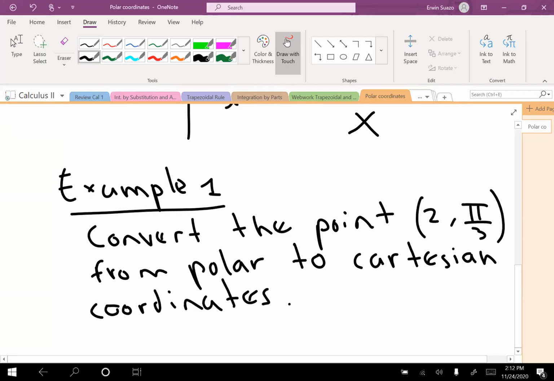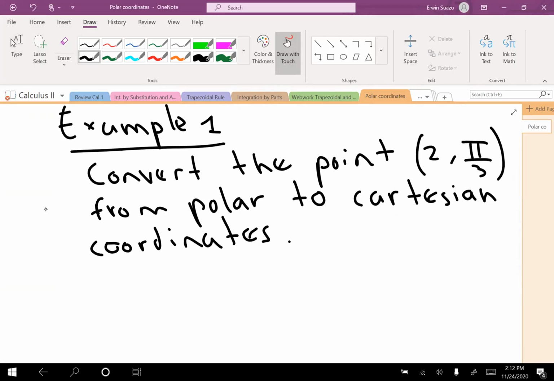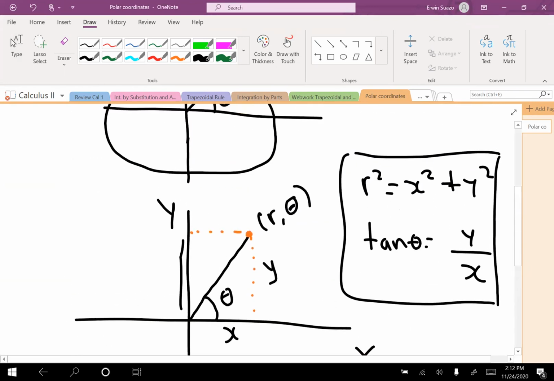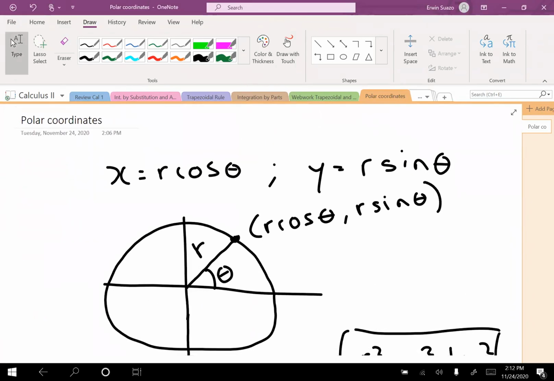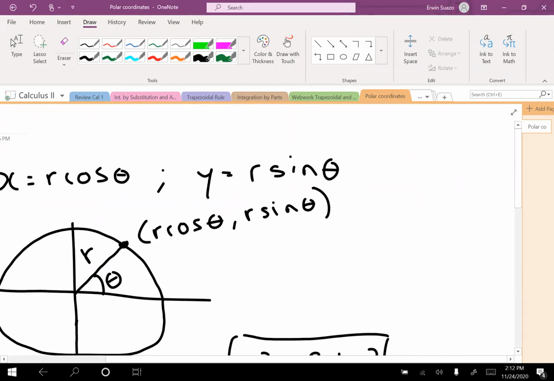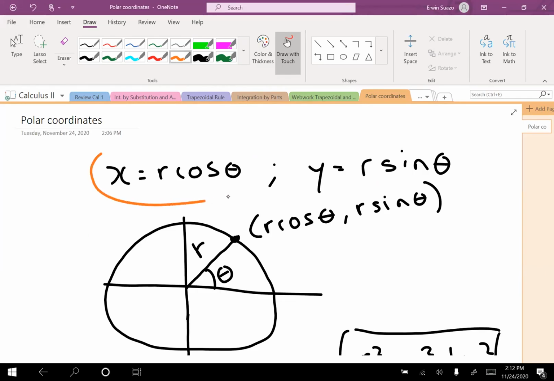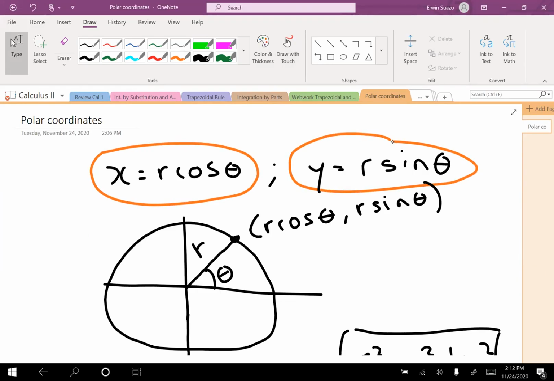Cartesian or rectangular are the same. So what you have here is r equals 2 and theta equals 2 pi thirds, right? You know r, you know theta, so you use that formula.